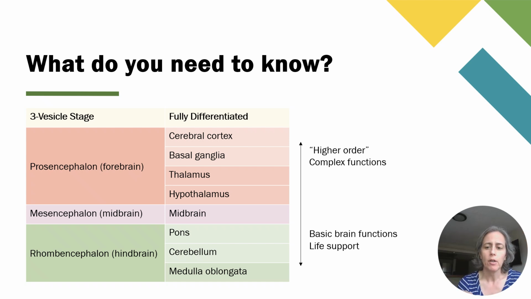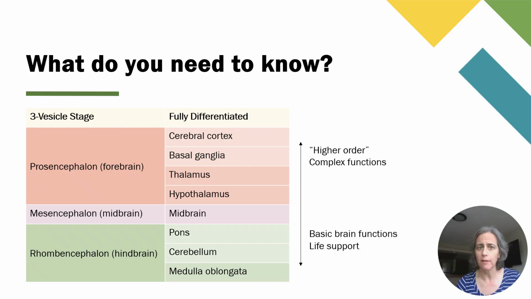The other thing that I want you to know is, in general, the higher up you are on this table, the more complex the functions that are occurring. Whereas as you move down, these are kind of more basic brain functions, things that just keep your body functioning, right?